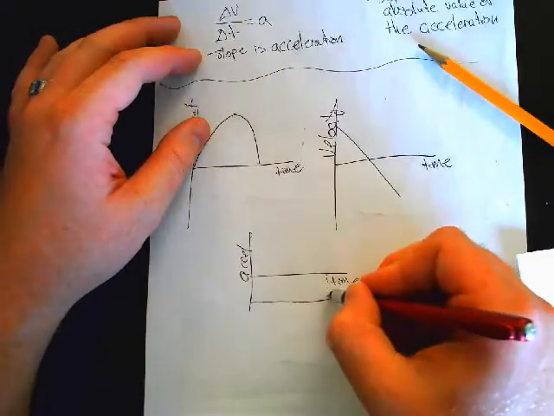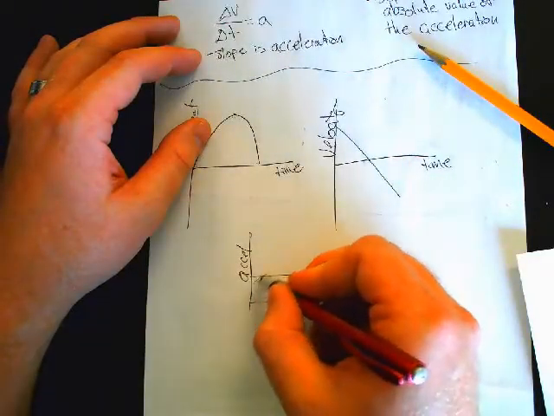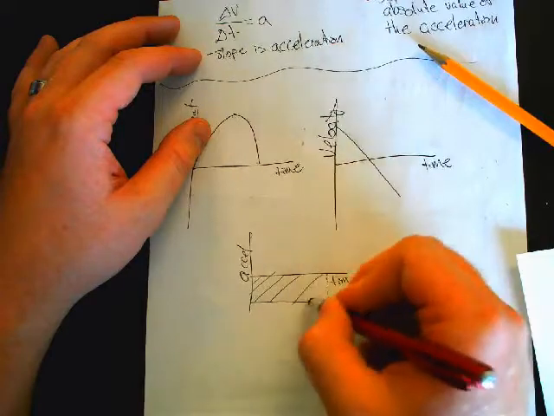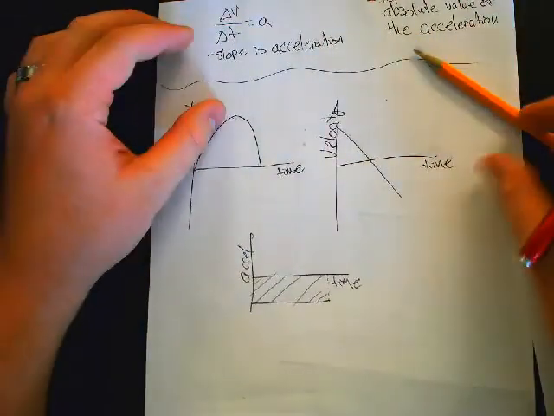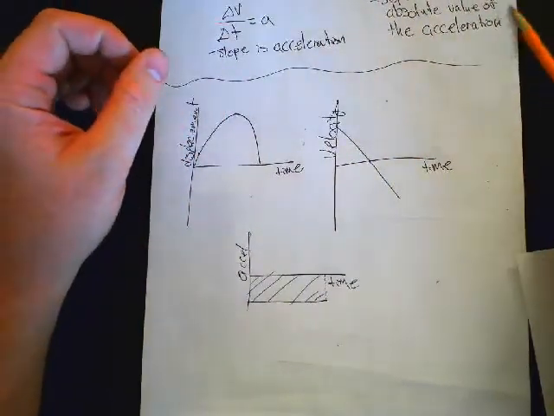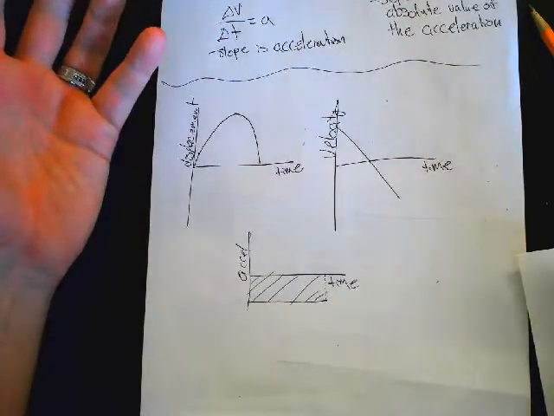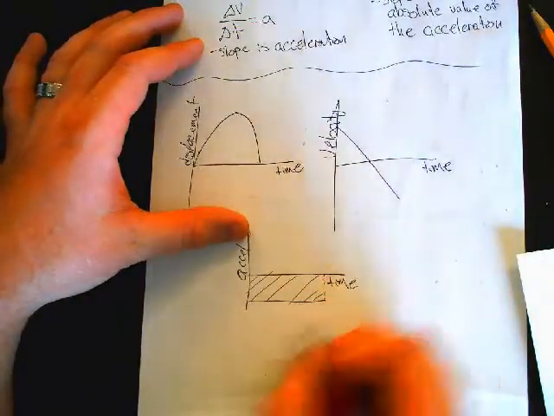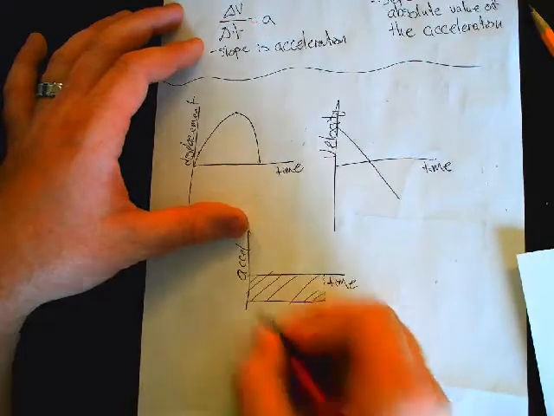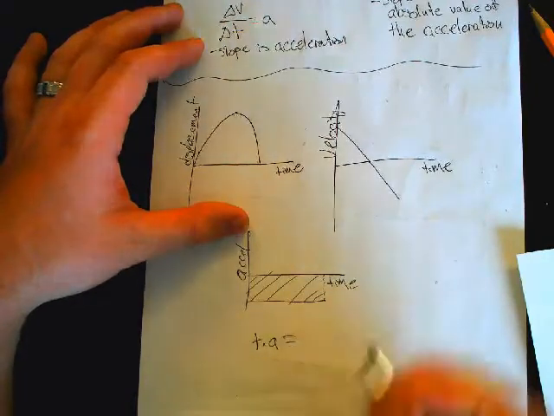So if I were to take my acceleration versus time graph and I were to find how much area this is, how would I calculate that? Base times height. It's a rectangle. So my base, time, times my height, my acceleration, is equal to something.